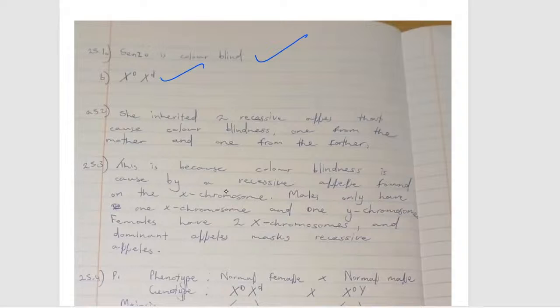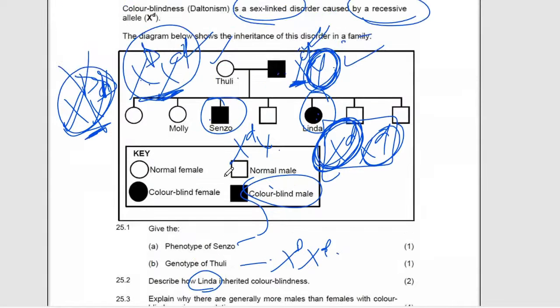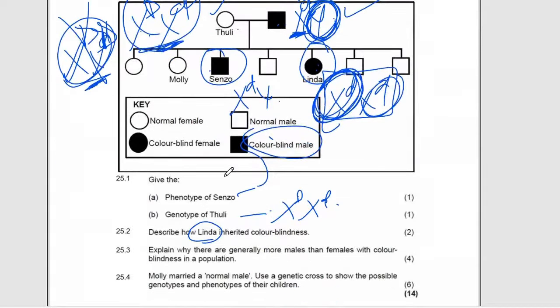Yes, Linda inherited one recessive allele from the father, and then one recessive allele from the mother. Correct?